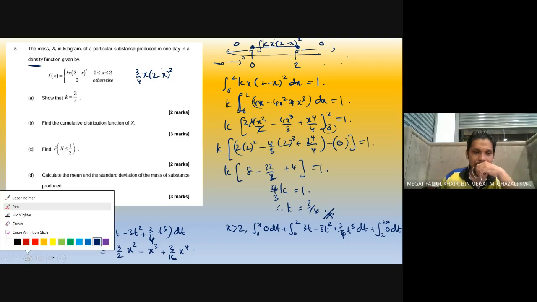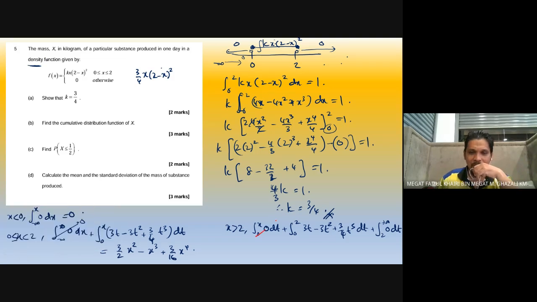So class, these two are automatically going to give you 0, and this also 0. For this, you just integrate and substitute the values of 2 and 0 and you get 1.